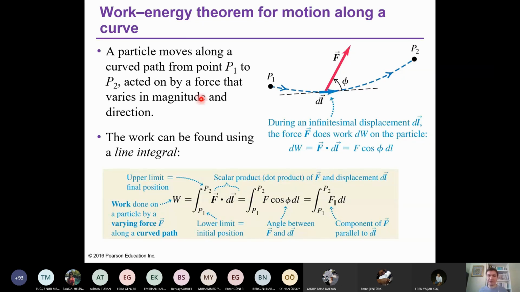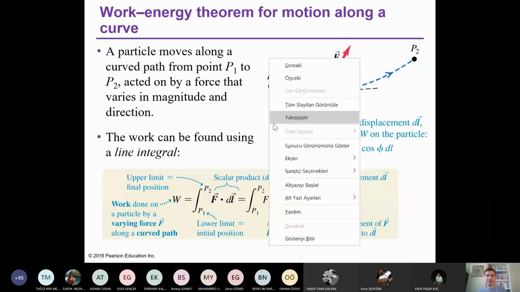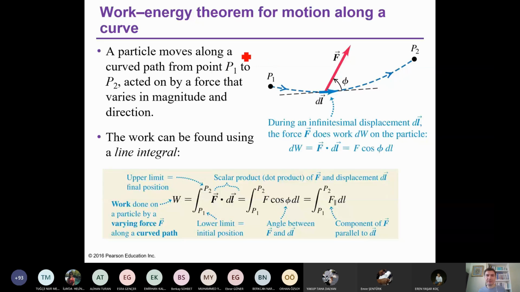So remember the formula for the work which we discussed during the last lecture. The general formula for the work is given with F times displacement, or F s cosine phi, where phi is the angle between F and s. Or we can also write this as F parallel times s.